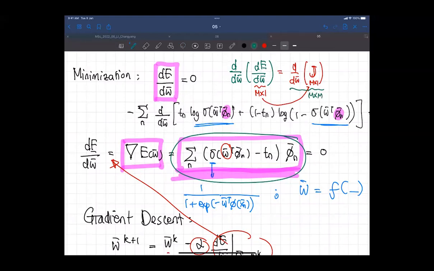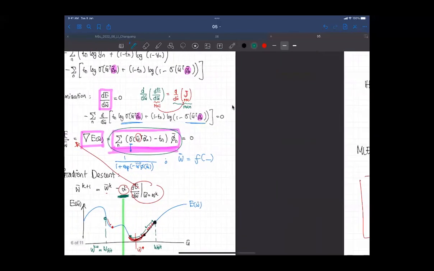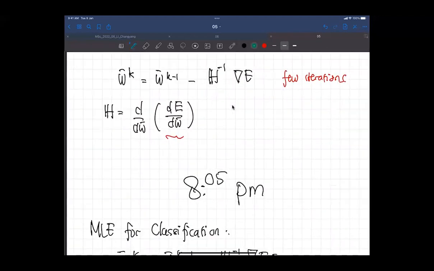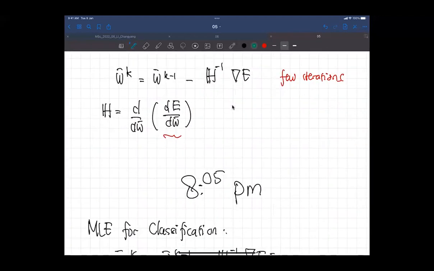It becomes a matrix. The second derivative of a vector with respect to a vector will give you a matrix, in this case N by N. And we learned that the second derivative is called H, which is called a Hessian matrix. Is it H or H member?